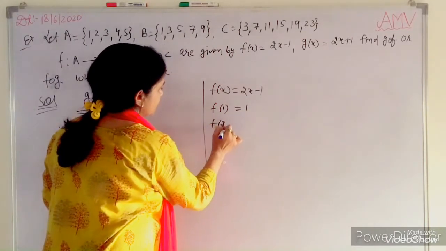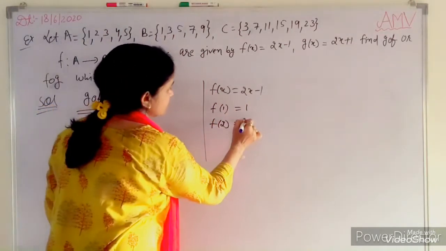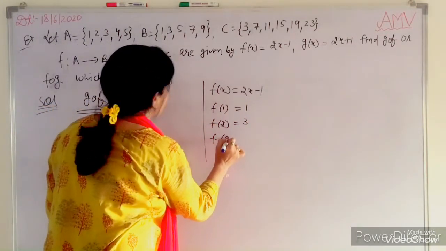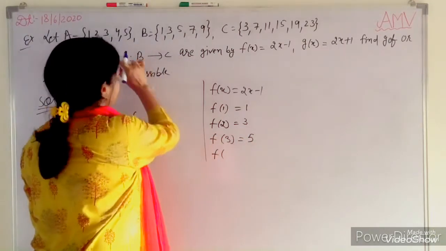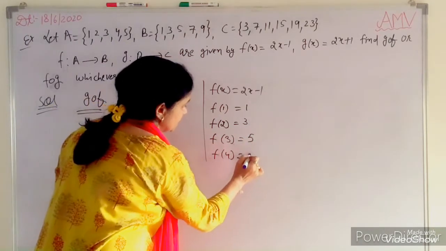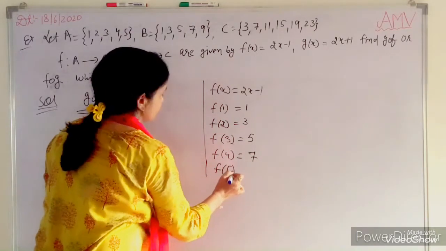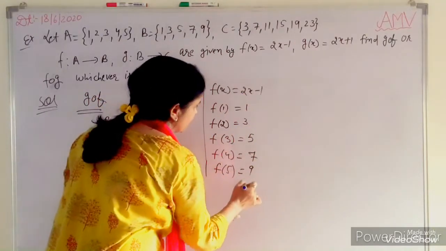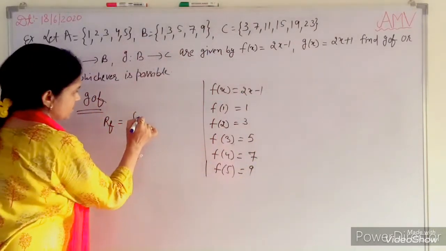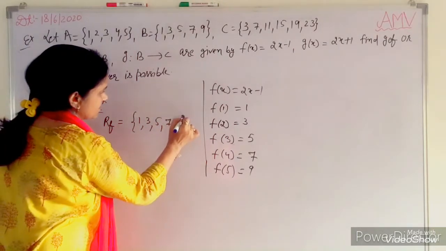Image of 2 is 3. Image of 3 is 5. Image of 4 is 7. And image of 5 is 10 minus 1, it is 9. So the range is 1, 3, 5, 7, 9.